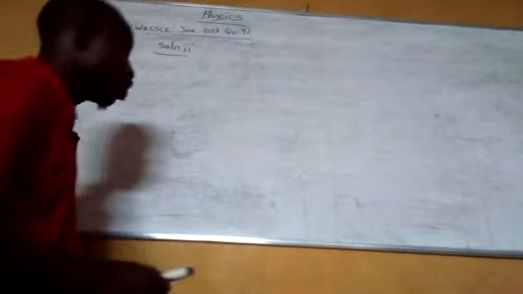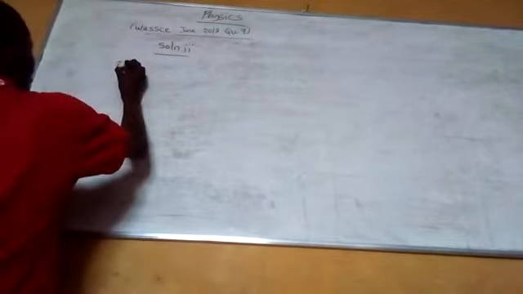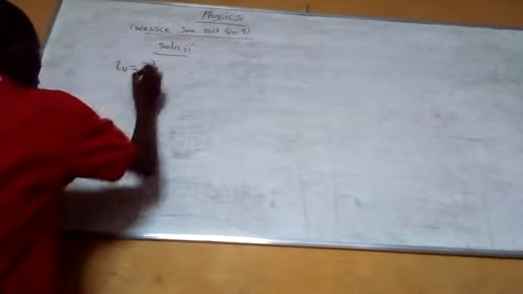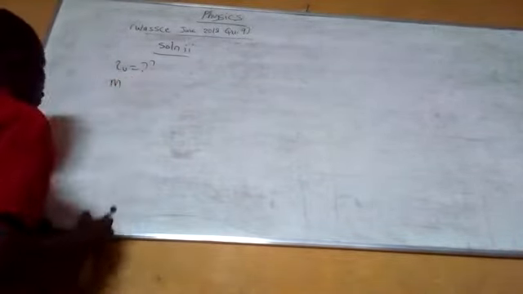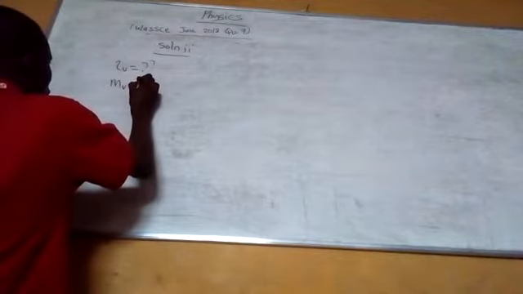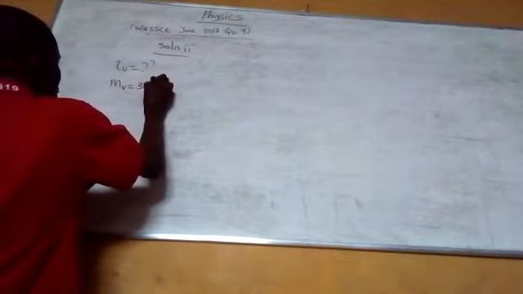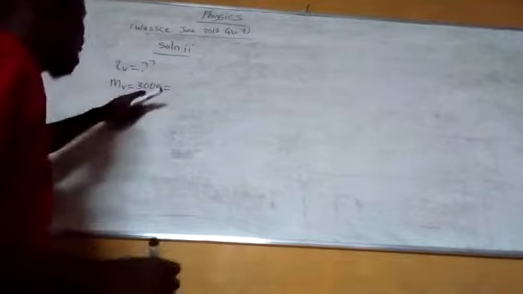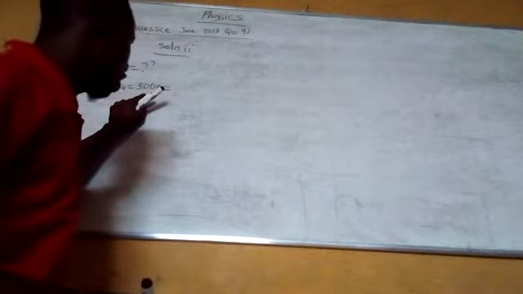So we know that the specific latent heat of vaporization LV equal to question mark, and we were given the mass of water evaporated was 300 grams. So we have to convert this to kilogram.